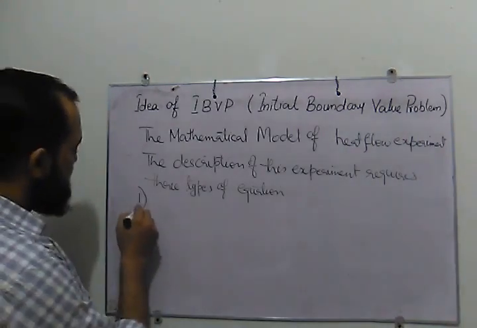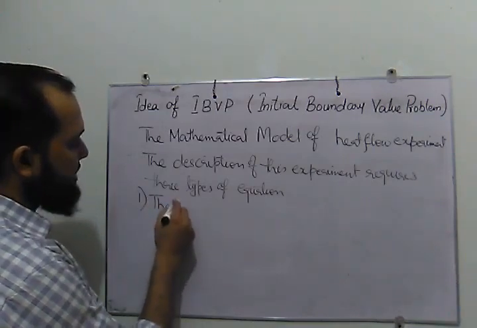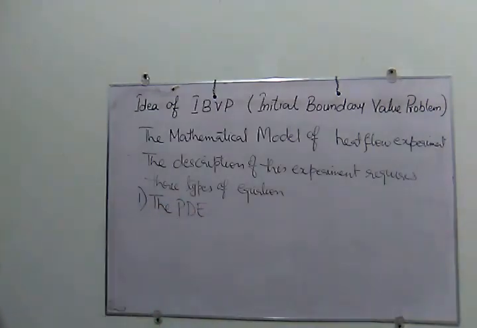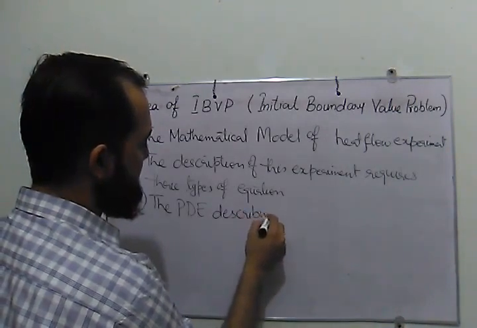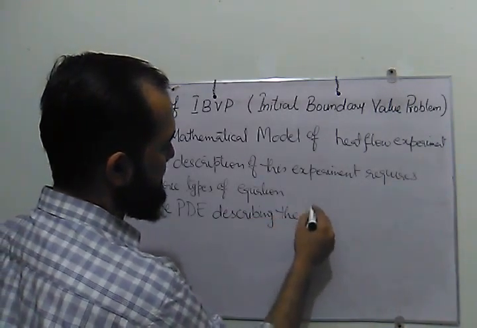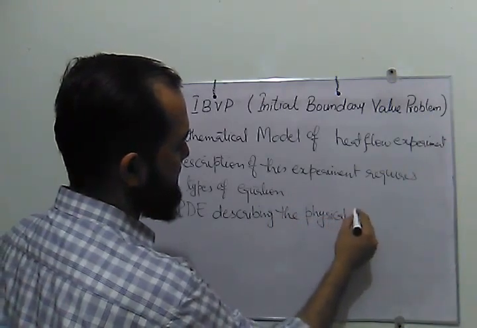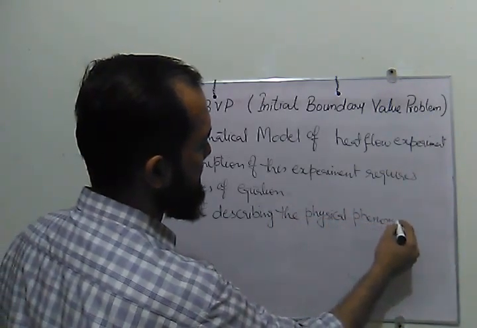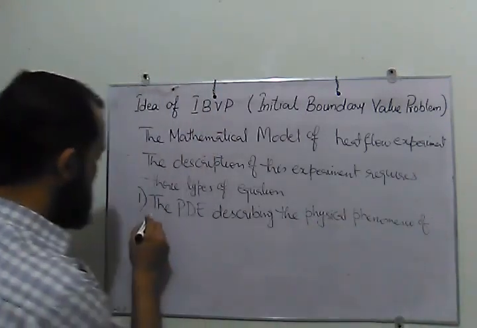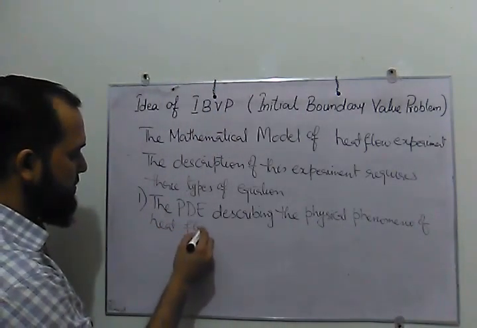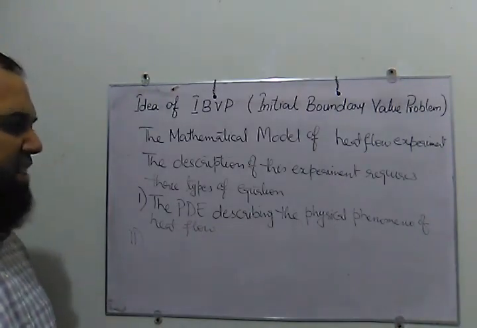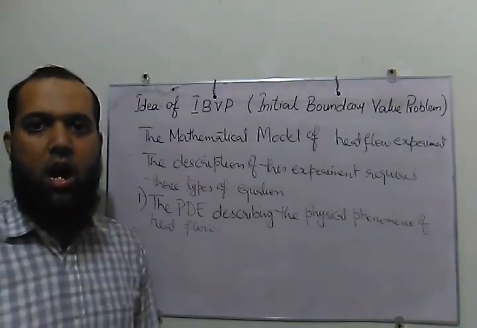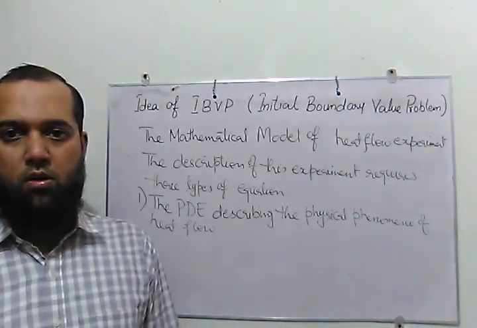Number one, the partial differential equation that can describe the physical phenomena of heat flow, how heat is flowing through the rod.